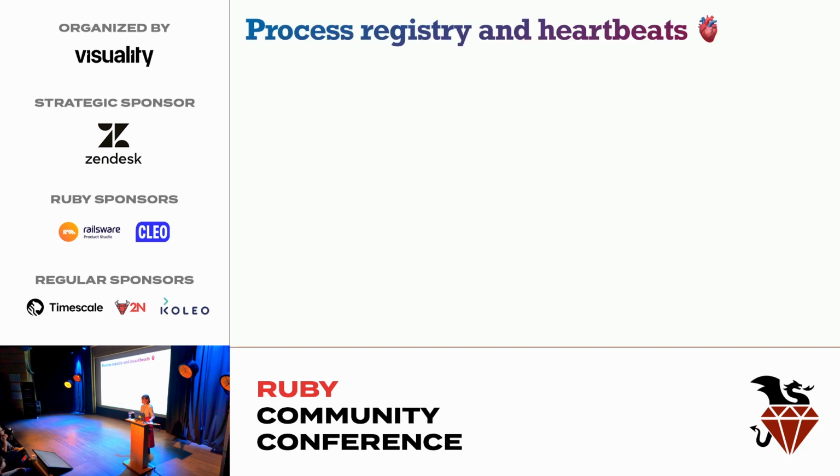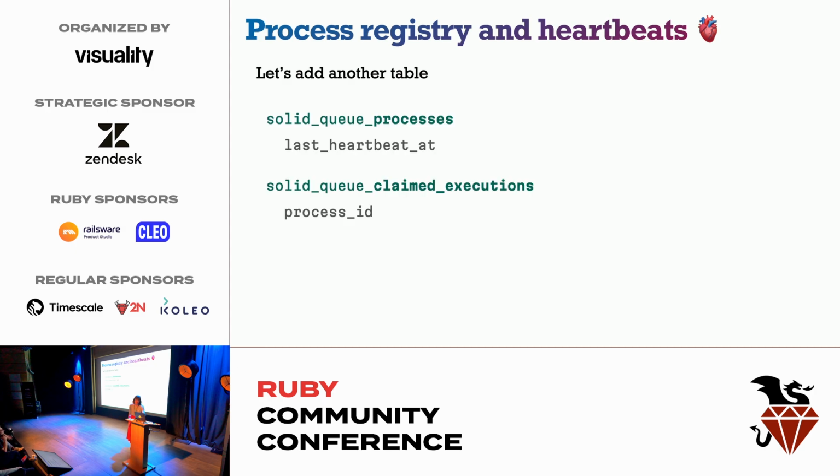Because of the architecture, what we did was add a process registry, just to have a registry of the processes that are in the system, worker, dispatcher, supervisor, and have those processes send heartbeats. So if a worker fails to send a heartbeat, we know it may be dead, and we just go and release the jobs that are claimed. How did we implement that? We just added another table. You will start seeing a pattern here. We added a solid queue processes table.